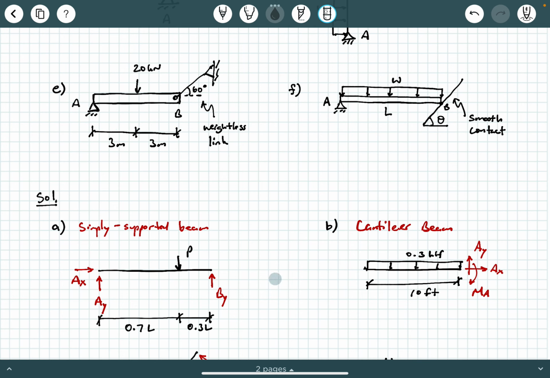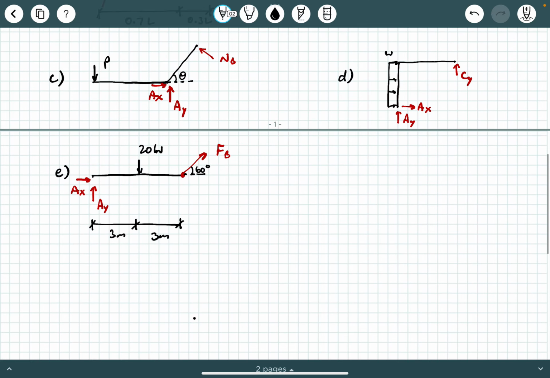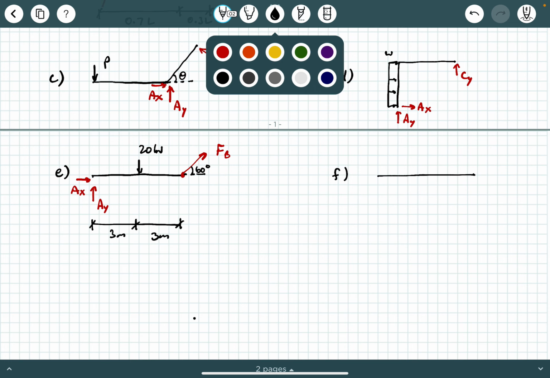Now, last part F. We have a beam segment here. On the left, it's supported by a hinge, and on the right, it's supported by a smooth contact surface at point B here at an angle theta, okay? So what is that going to look like when I draw my free body diagram? Well, we're going to have the beam segment here.